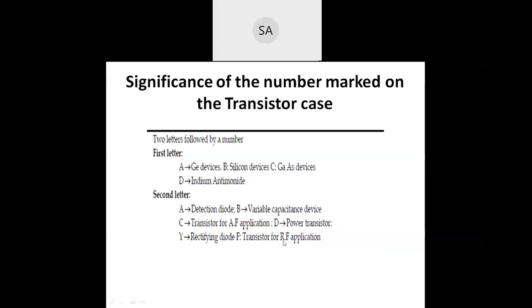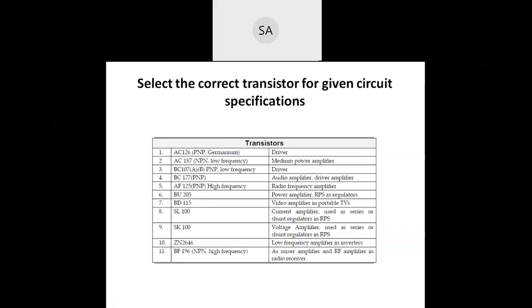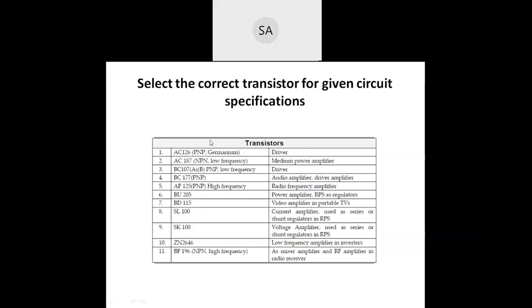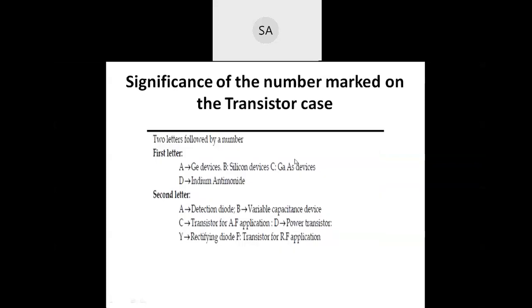Here we do not have any letter A. If the letter is C, it is a transistor for AF applications. So these first four are the transistors for AF audio frequency power applications: drivers, medium power drivers, audio power. So these are the low frequency and audio power amplifier applications.